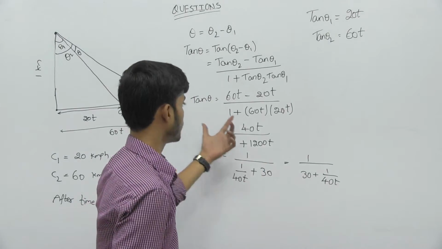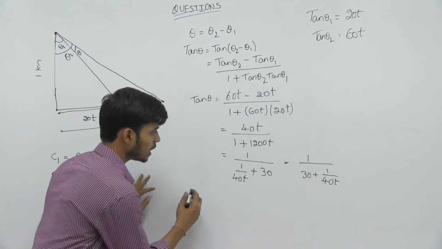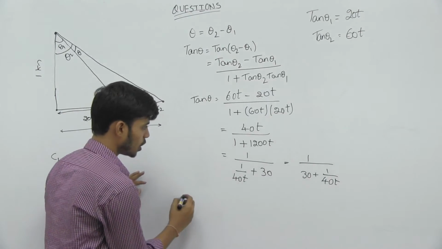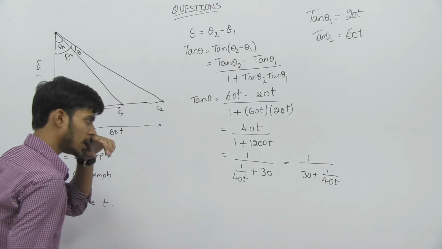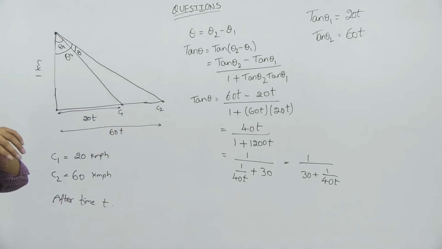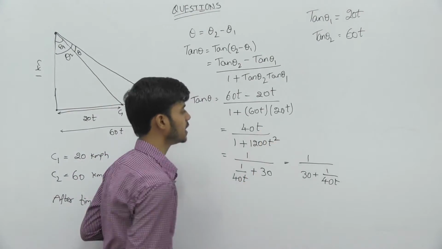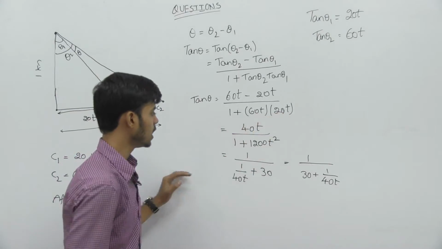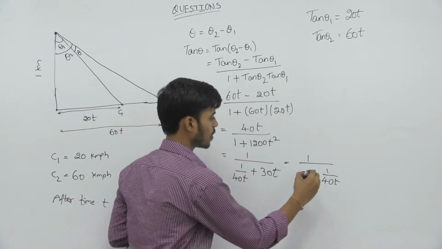For this to be maximum, we have to check the denominator, which is 30t plus 1 by 40t, since 1200t squared divided by 40t leaves 30t.